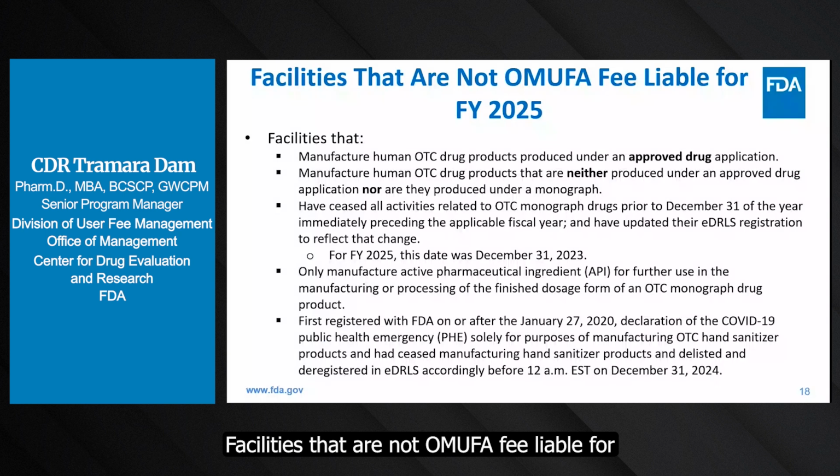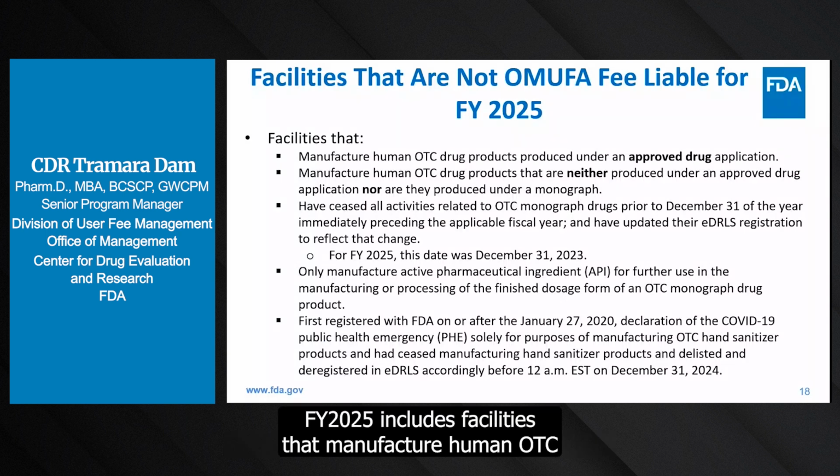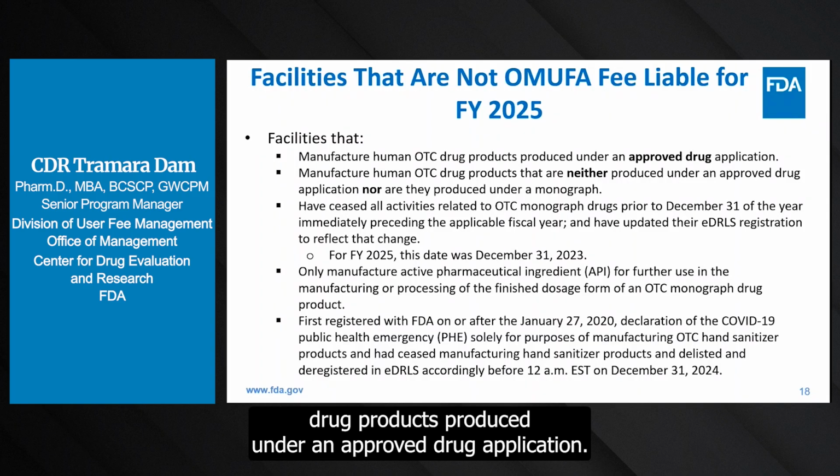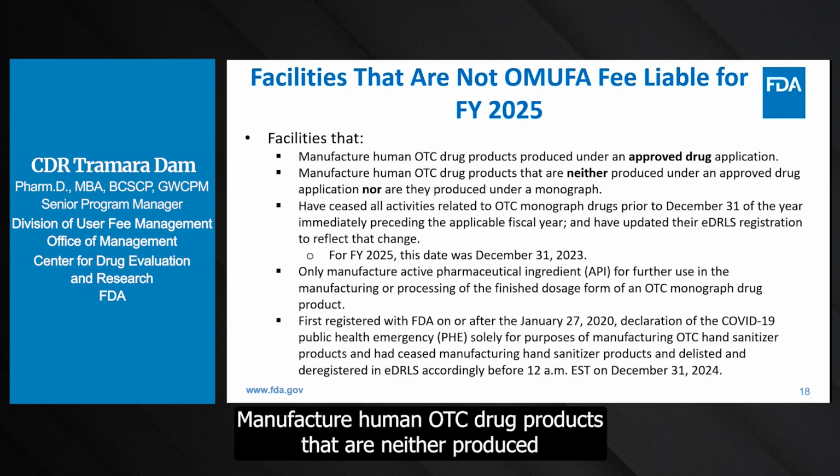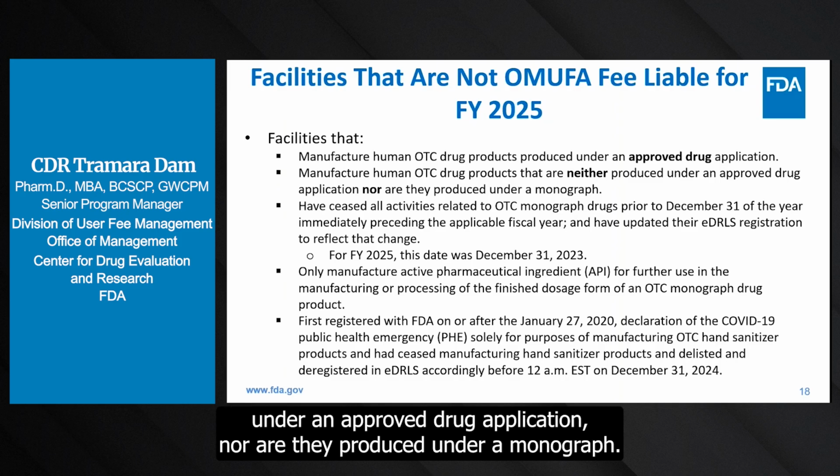Facilities that are not OMUFA fee liable for FY 2025 include facilities that manufacture human OTC drug products produced under approved drug applications, or manufacture human OTC drug products that are neither produced under an approved drug application nor produced under a monograph.